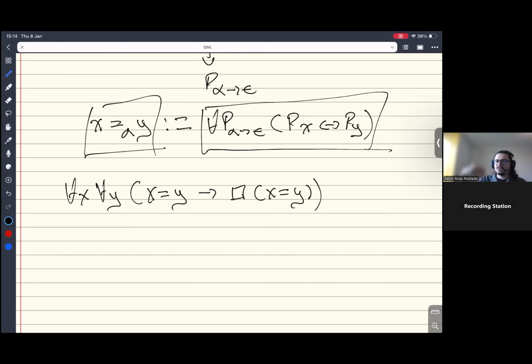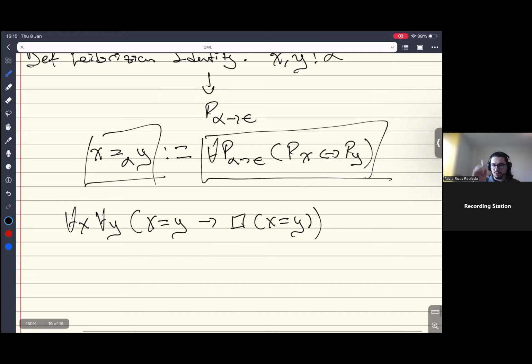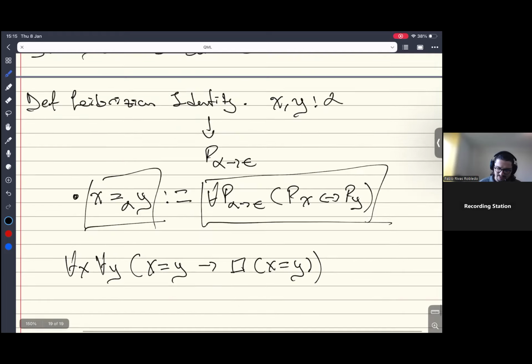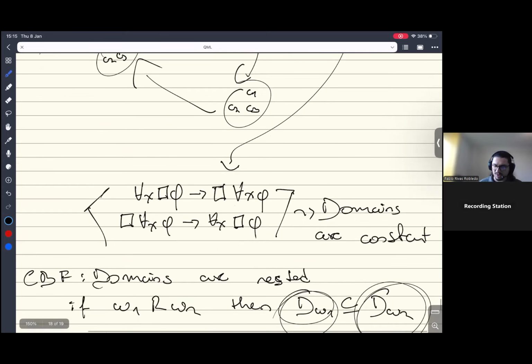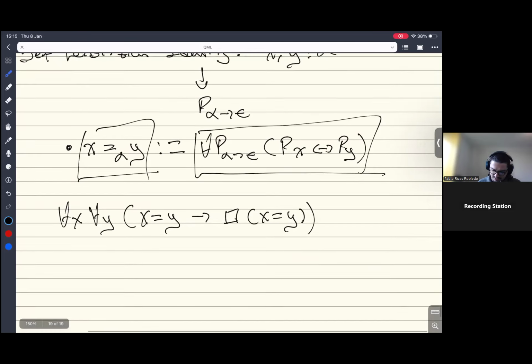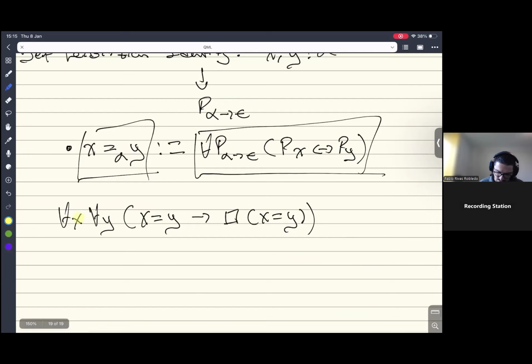And then there's an even stronger version of this, which is here, but we're not going to concern ourselves with this version right now. But the point is that for Williamson, if you define identity like this, and if you have necessitism and you have Barkan and converse Barkan, then you obtain this for free.